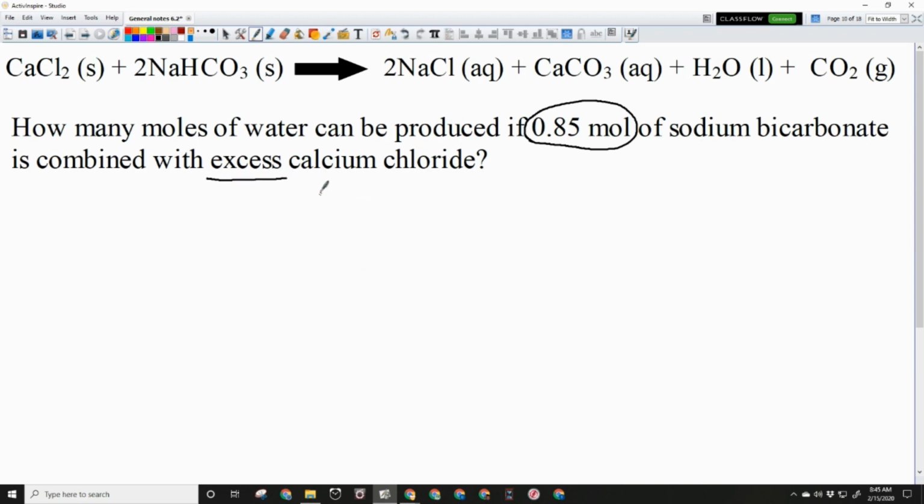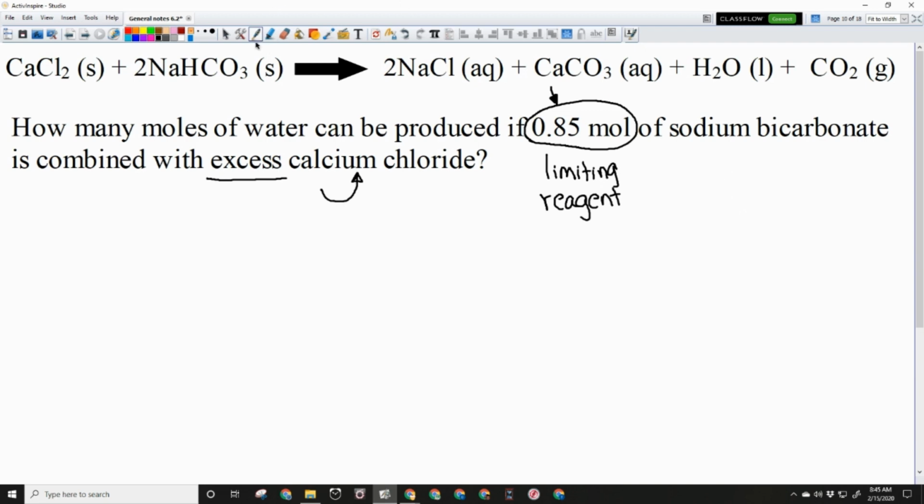But for this question, we're only concerned about the calcium chloride. So this is excess. Do you remember what we call the 0.85 moles? That's going to be your limiting reagent. This is going to limit how much can be produced or how much is needed.